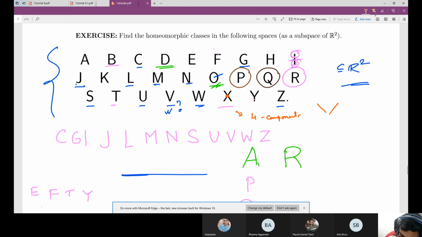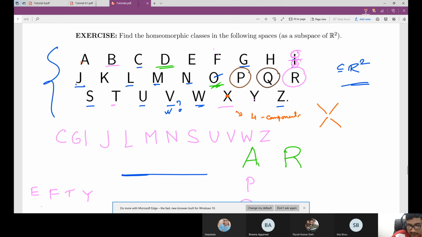The components are these and this, right? But if you delete any point from A, it can give you at most 2 connected components. Therefore, they cannot be homeomorphic.